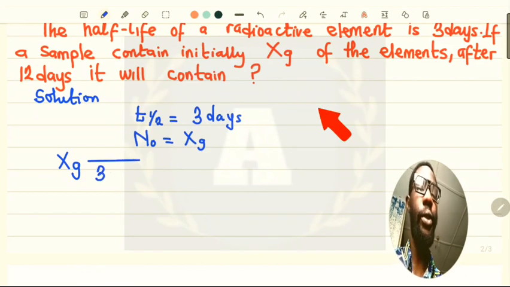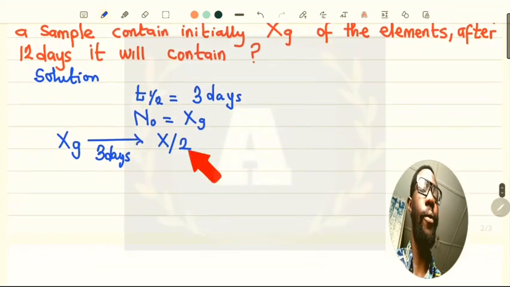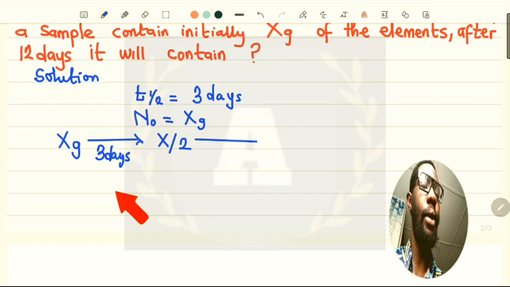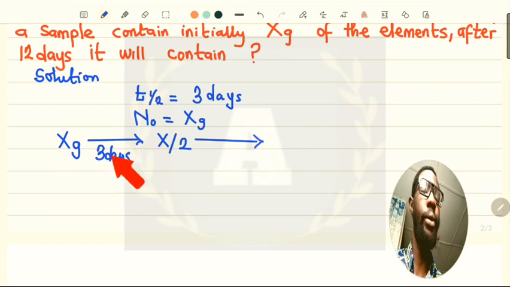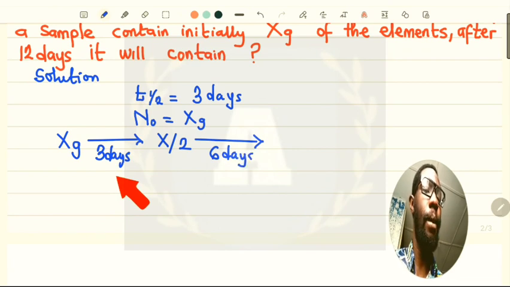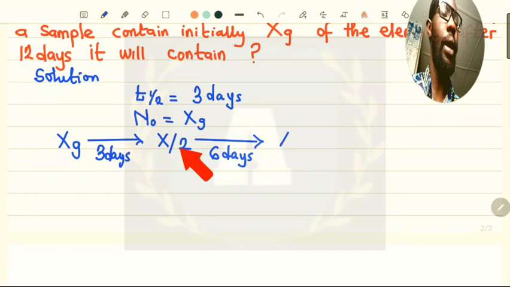After 3 days, the half-life, it reduces to half its initial value, which is x over 2. After 6 days, it is reduced to half again, which is x over 4 gram.